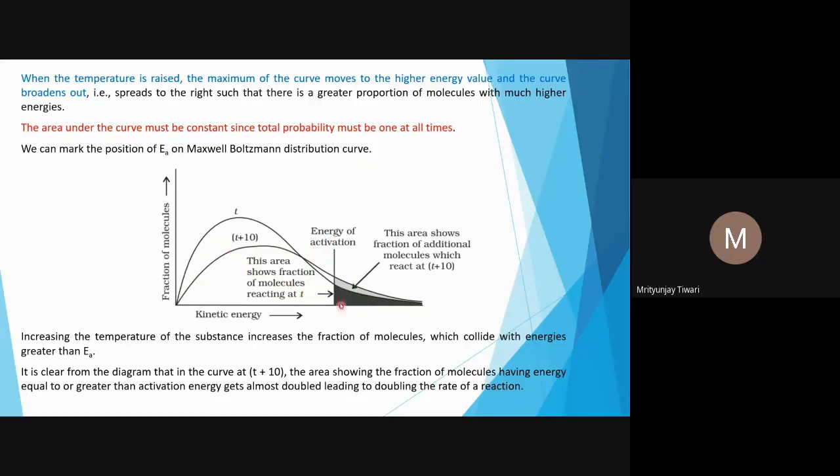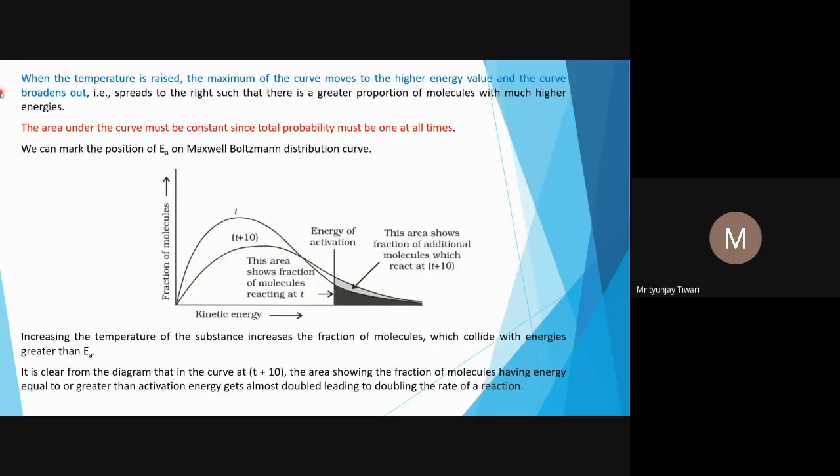At higher temperature, the number of molecules with energy more than the activation energy increases, and the curve broadens out and shifts to the right. So this extra shaded area also comes in, and the entire area is almost double, just by guess one can obtain.